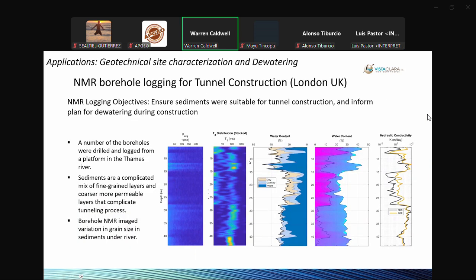These multiple methods exist in the literature, so we include them both in our software. Next, we have a geotechnical example. This is a large infrastructure project from the United Kingdom.